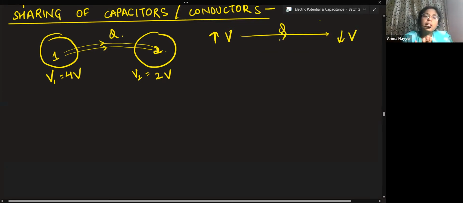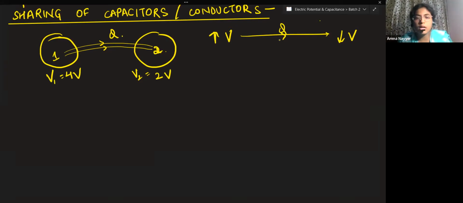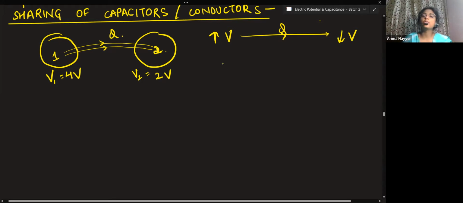Now, how much should they move, or till when will the charges keep on moving? Till both of them achieve the same potential, equal potential in both of them, only then will this flow of charges stop. So for example, if this is 4 volt and this is 2 volt, this will keep flowing until both become 3 volt.